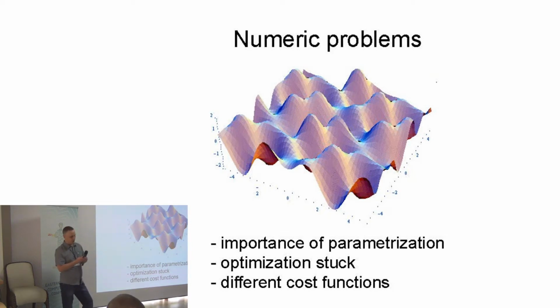If you deal with bundle adjustment, Gauss-Newton optimizations, and so on, we not often deal with good optimization functions with one global minimum. So our next bottleneck will be numeric optimization problems. How can we solve this?